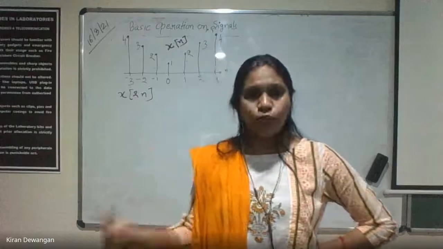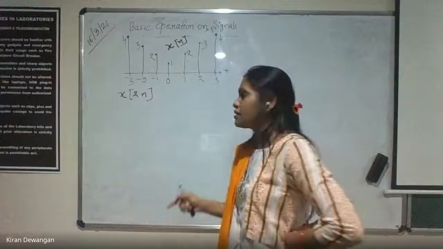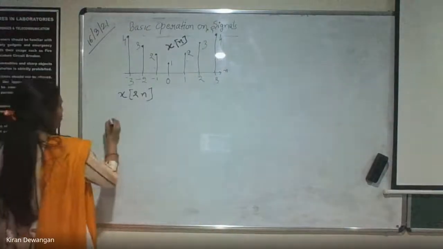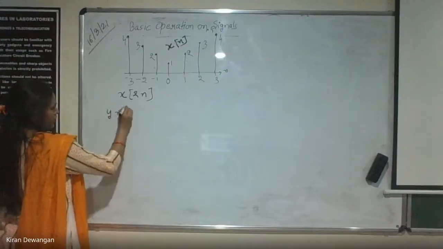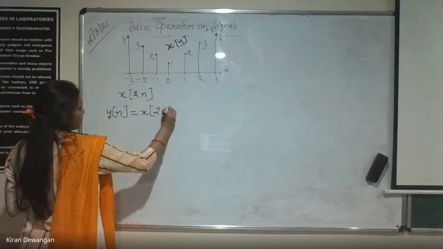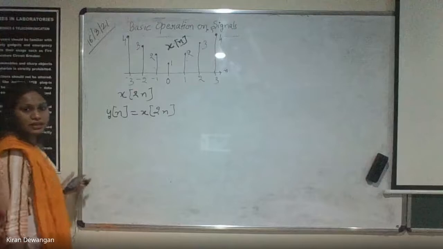If it is greater than 1, then the sequence will get compressed. So definitely it will get compressed. So we will take y of n as x of 2n.